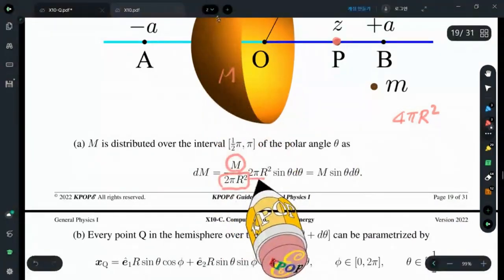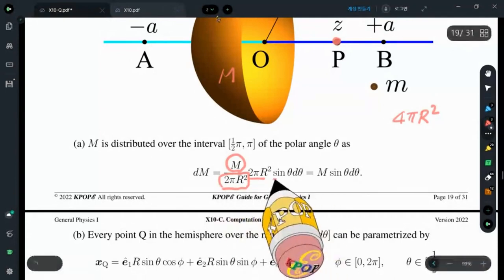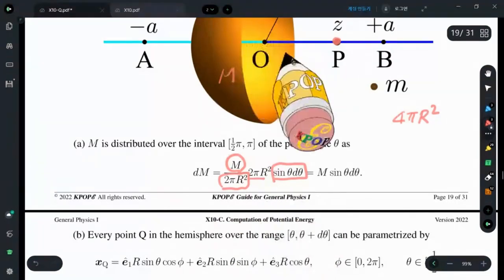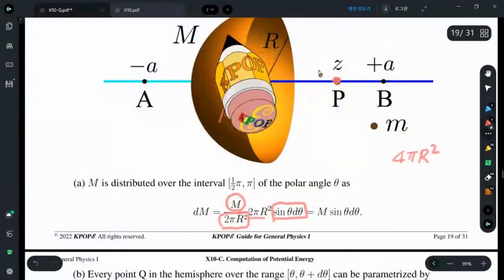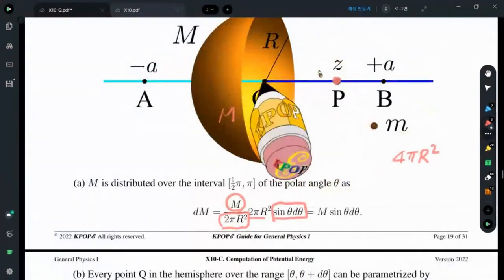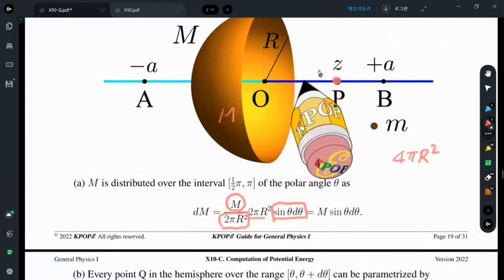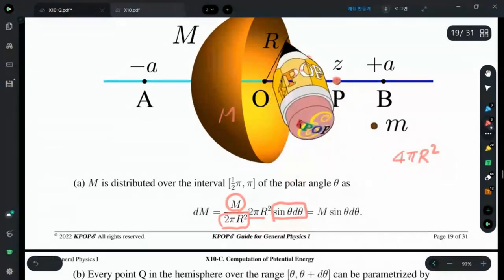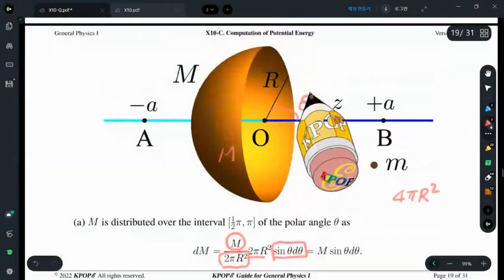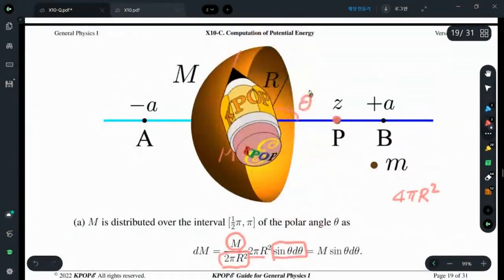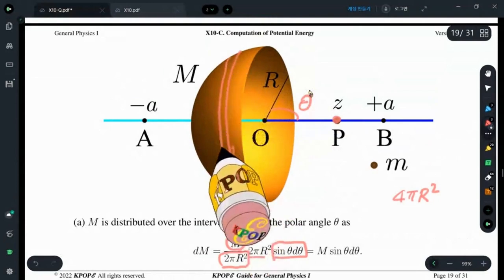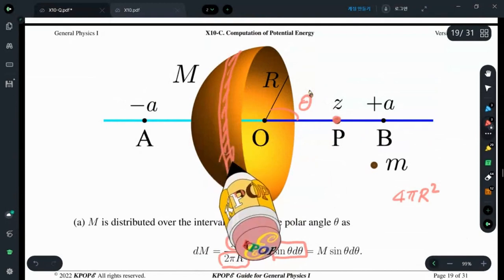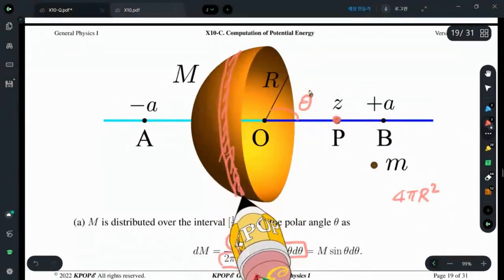And then what I have to do is to consider the area element. That area element is, if I choose the angle theta in here, and let me vary this position. So this is a kind of annular region, just like a ring we have already computed.